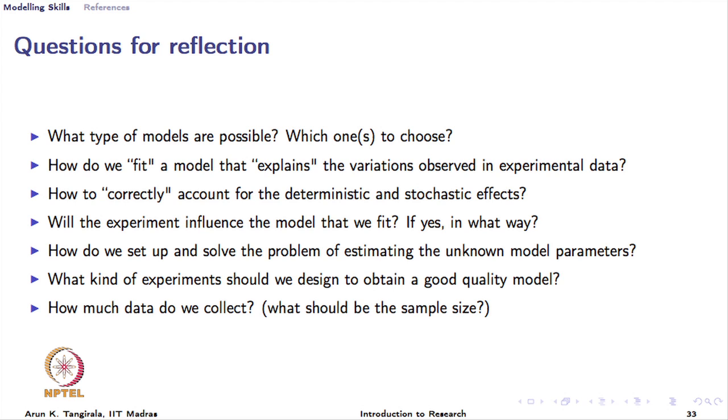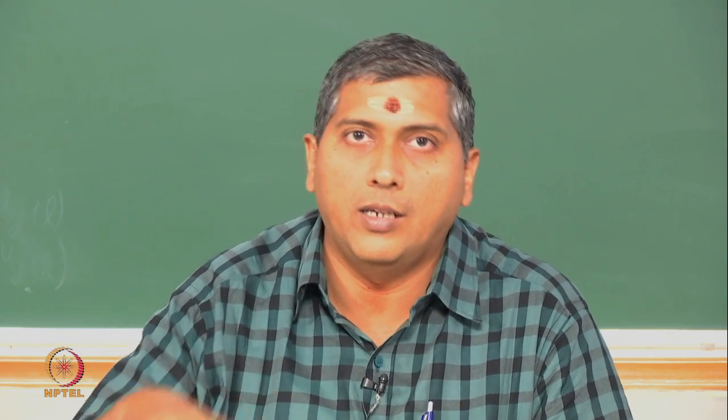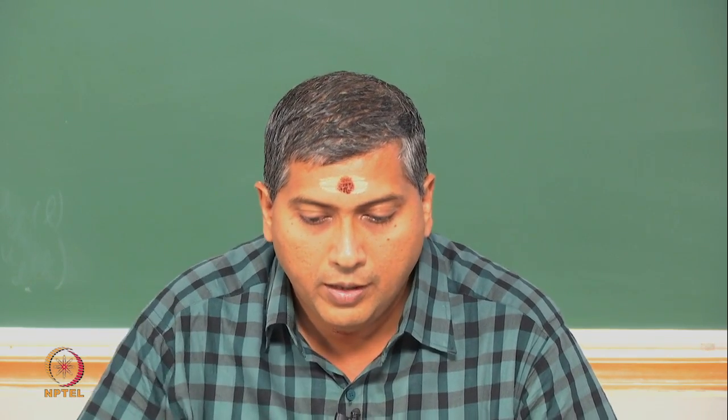And then there is a design of experiment subject which tells you how you should go about designing the experiments, not only to enhance the signal to noise ratio, but also making sure all the factors that affect the variable are excited sufficiently, how to minimize the time, perform in an optimal way and so on. So, you should refer to the design of experiments subject.